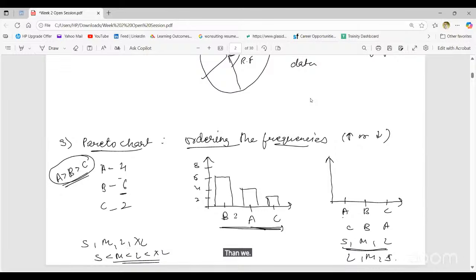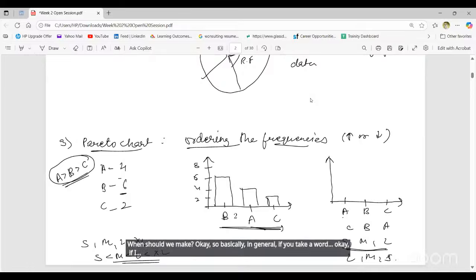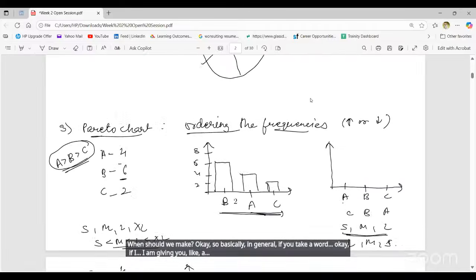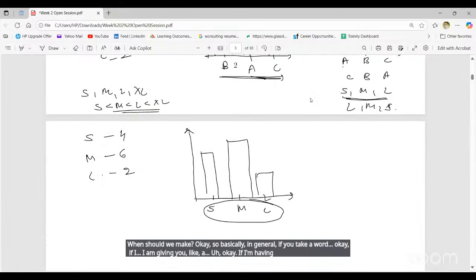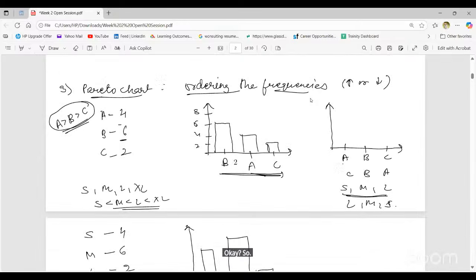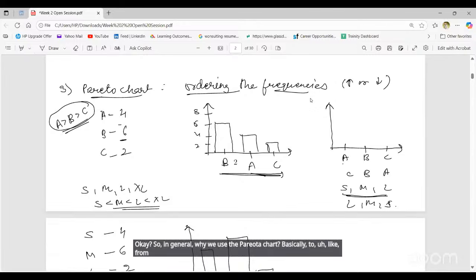Otherwise, when should we make a Pareto chart? Okay, so basically, in general, if I'm having a graph like this, why do we use the Pareto chart? Basically, to observe the data graphically.